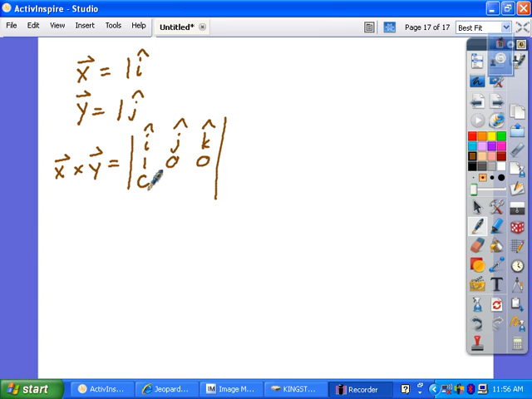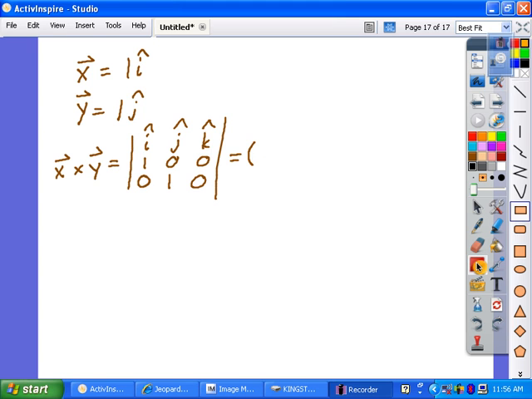Y is 0 in the i hat, 1 in the j hat, 0 in the k hat. Okay? Now, I should end up with a vector that is only 1 k hat. In other words, I'm proving that the z direction is mutually perpendicular to the x and the y.